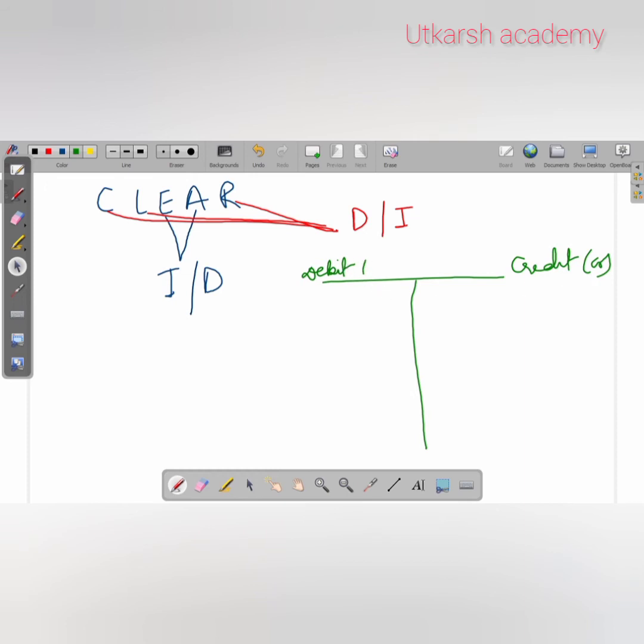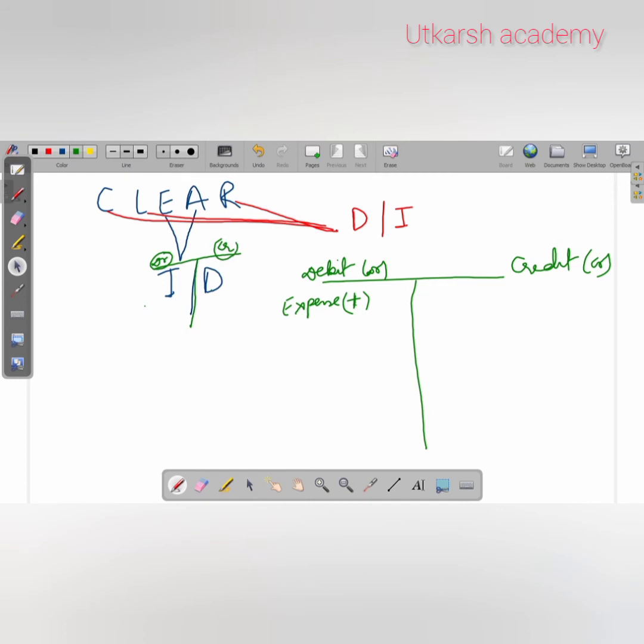See, what I am trying to say is whenever the expense will increase, we will record it on debit side. This I denotes debit and this D is right hand side, that is credit. Just for simplicity I am making you understand this is debit and this is credit.